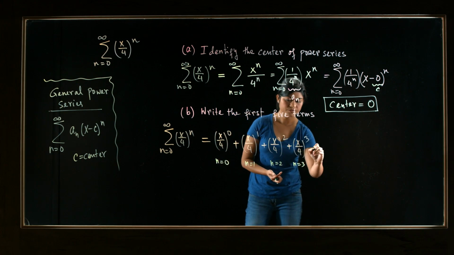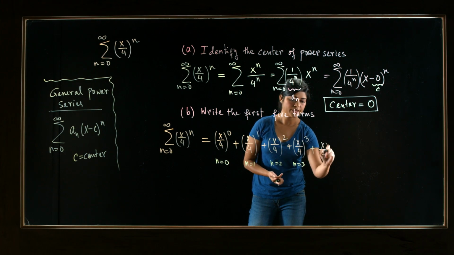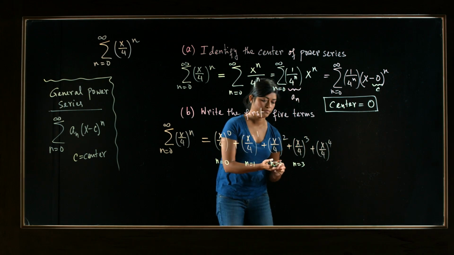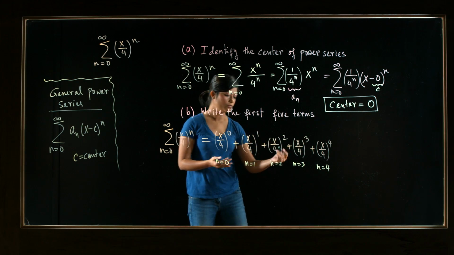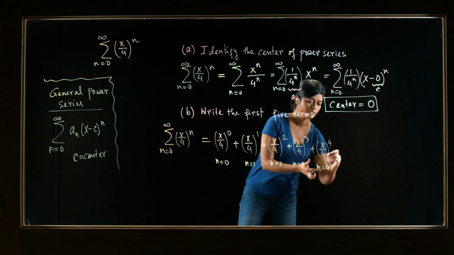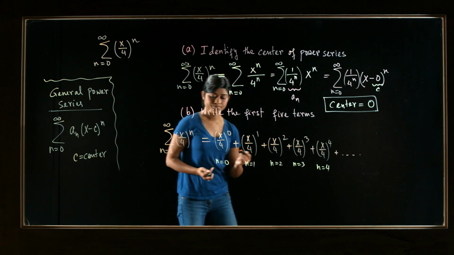And finally, the fifth term is when n is equal to 4. So these are the first 5 terms, and then you keep going. We don't need to write the other ones.